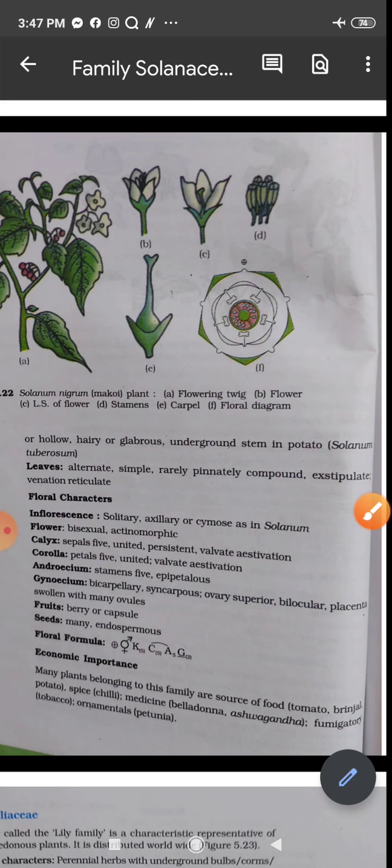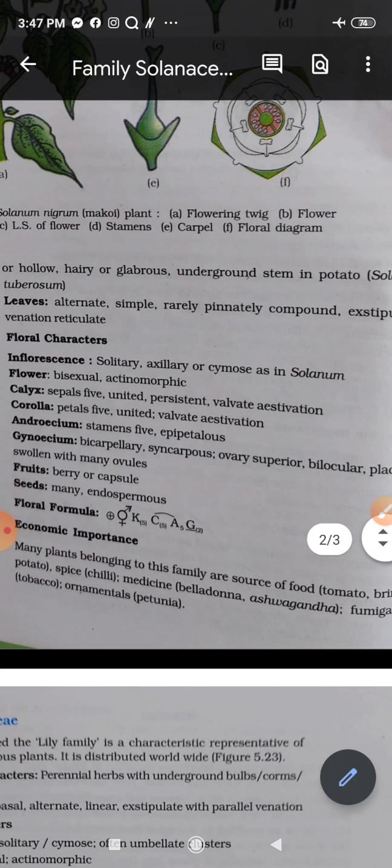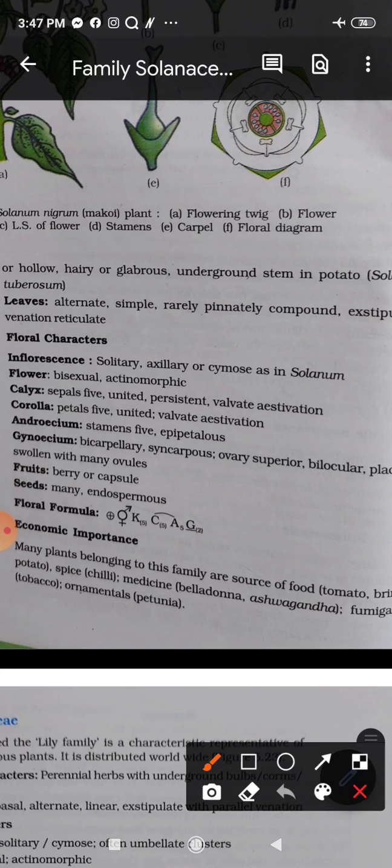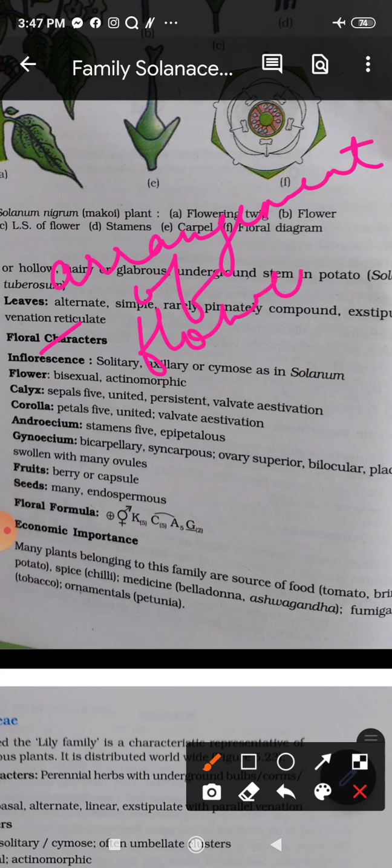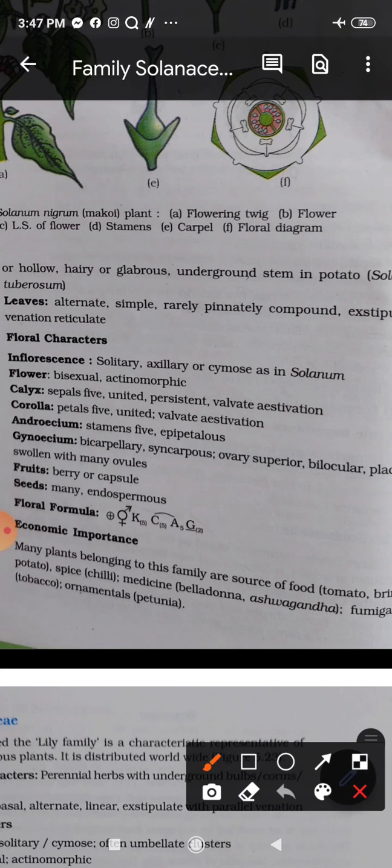Right? Now we come to the floral characters. Inflorescence. What is inflorescence? Arrangement of flowers on the stem. Right? So, in what way are the flowers arranged on the stem is known as inflorescence. Right? So, solitary means single. Right?